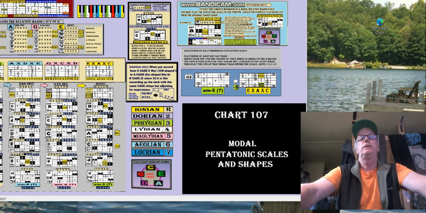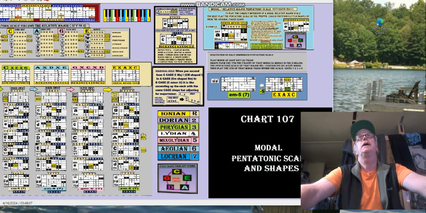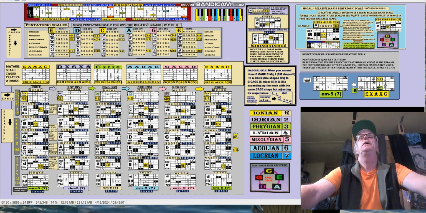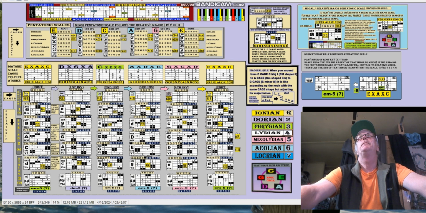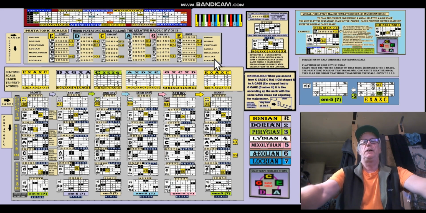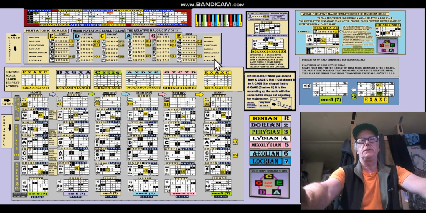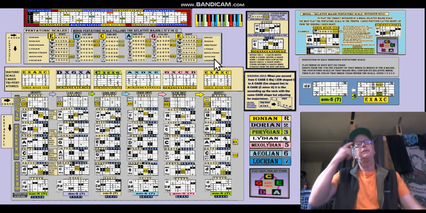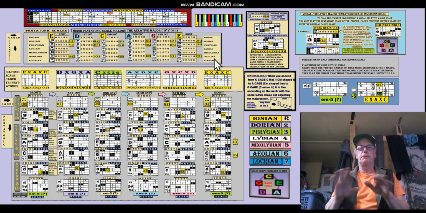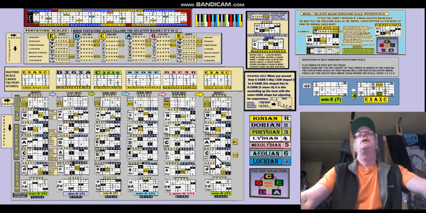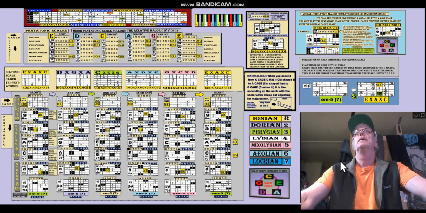Chart 107, modal pentatonic scales and shapes. And there's a little bit more to it than that. Sometimes when I put the title, that's just initially, and the reason I do that is to make that space down here, so I know what I'm working with.